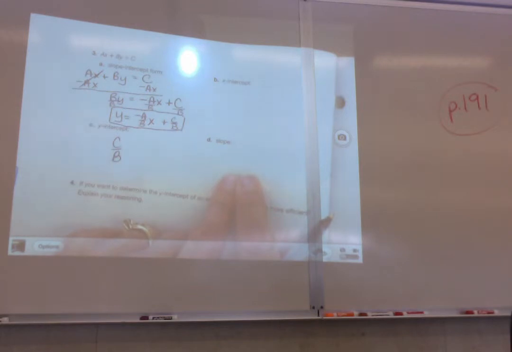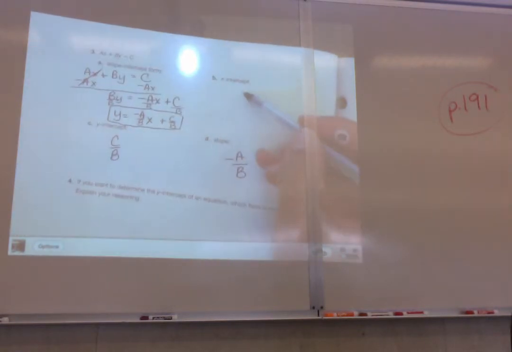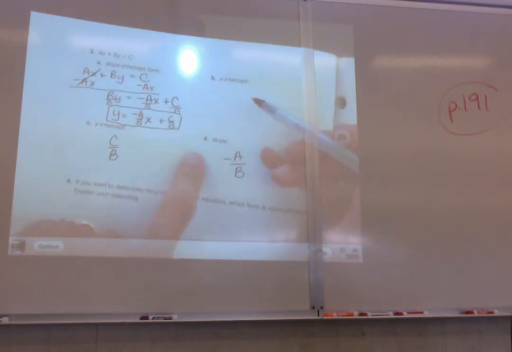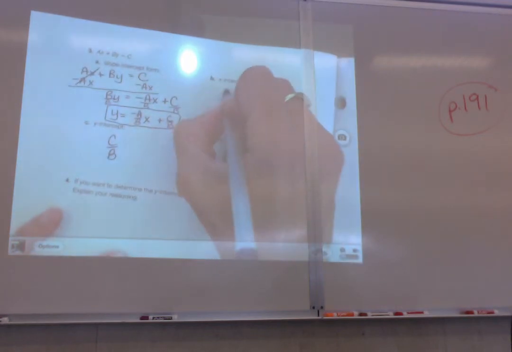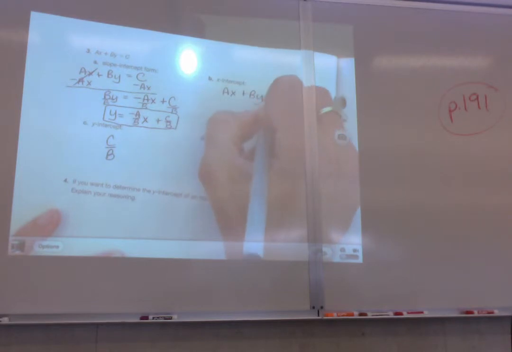Christian, what's going to be the slope? Thank you. Now, x-intercept, those two are easy to get out of the slope-intercept or y equals form. X-intercept's a little bit easier to get starting off with standard form.